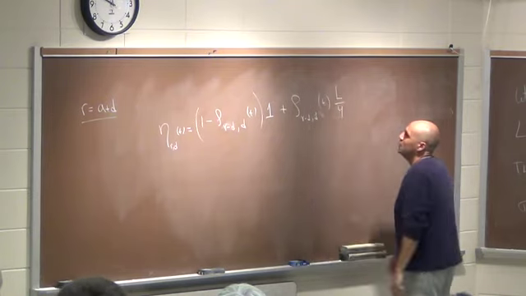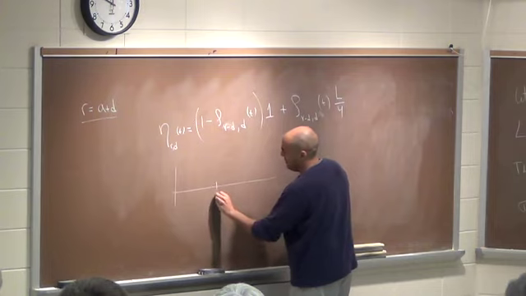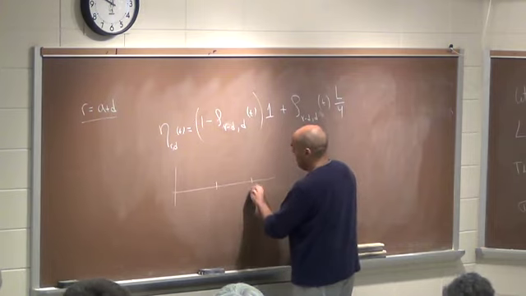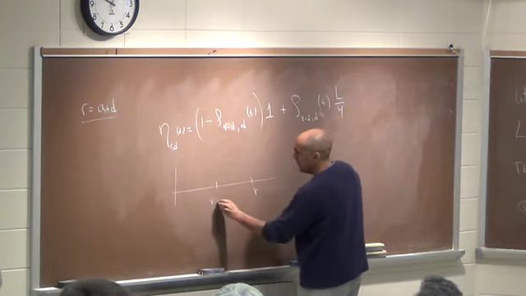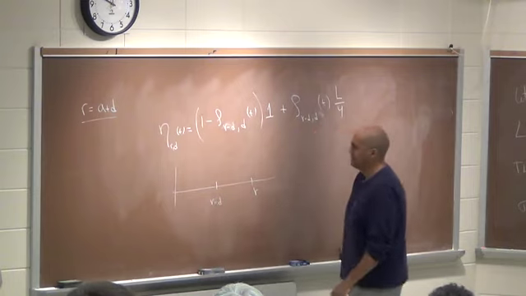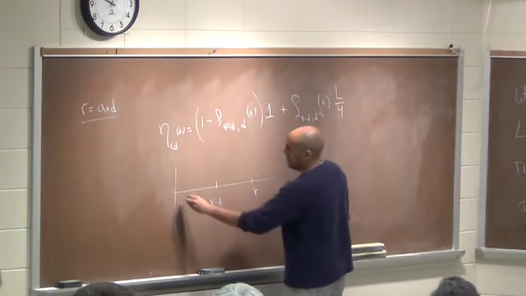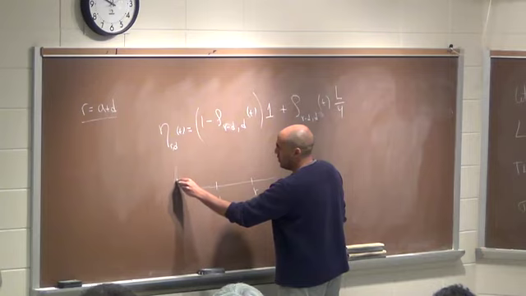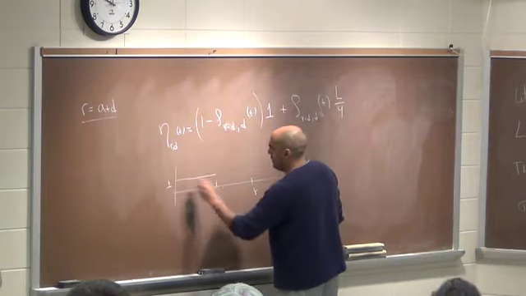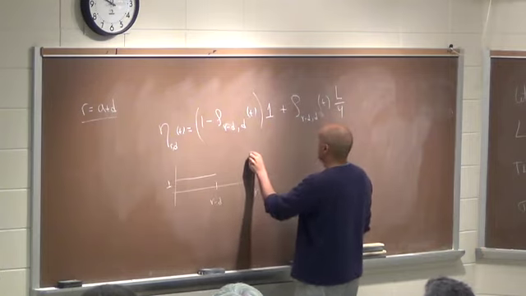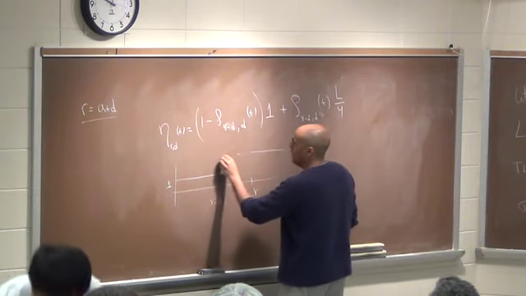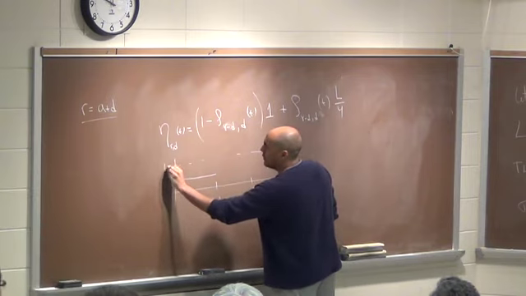This is R, this is R minus D. This function is 1 here, and then eventually goes to L over 4.